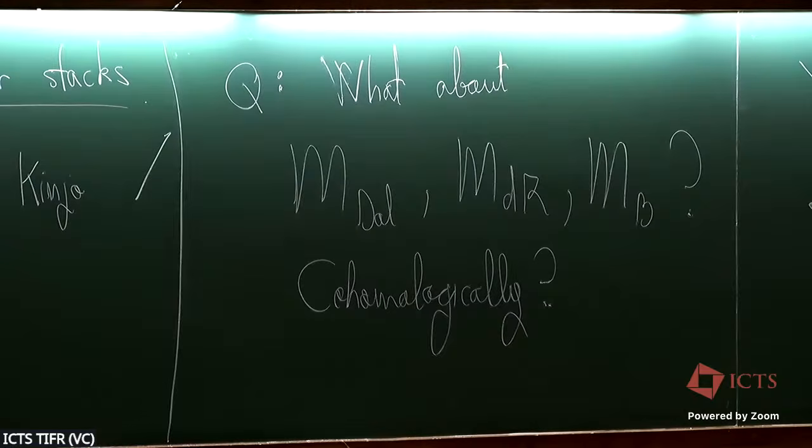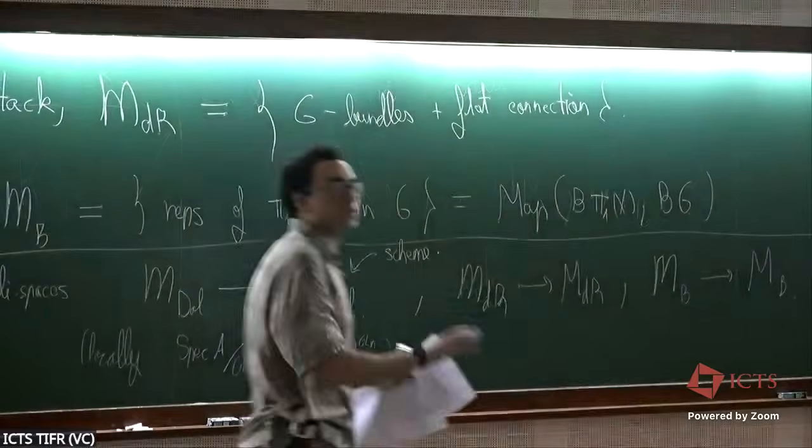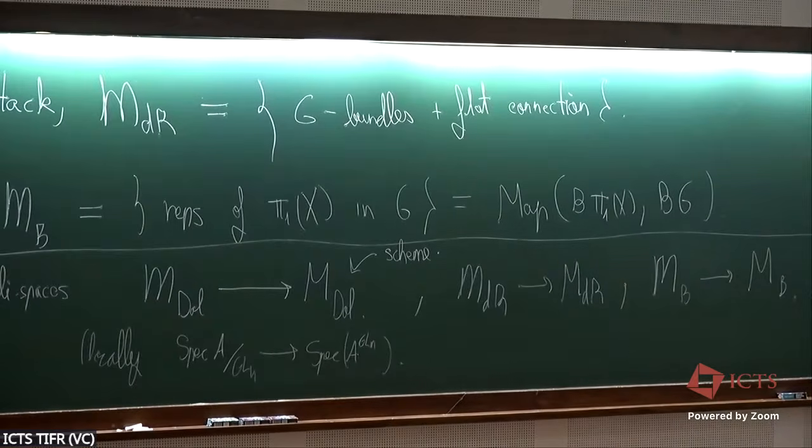I did not write semi-stable. In Dolbeault, semi-stable is here. So there's a stability condition here, but we don't need a stability condition for these other two. Any other questions?